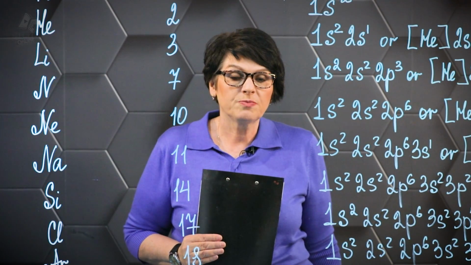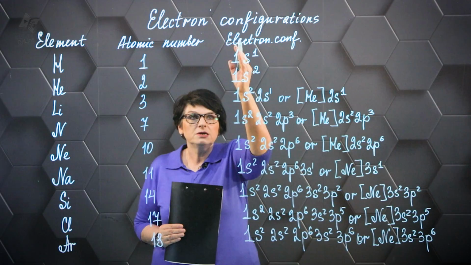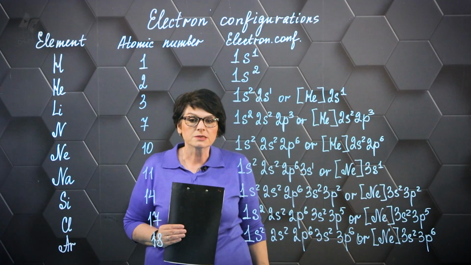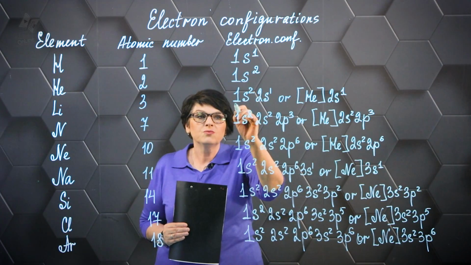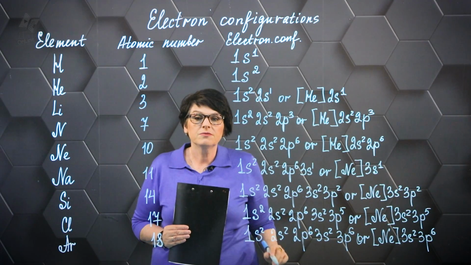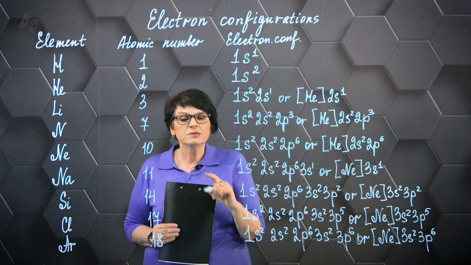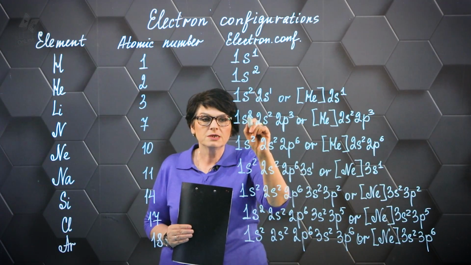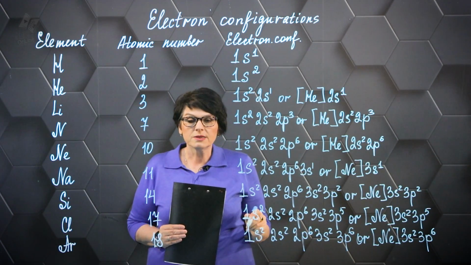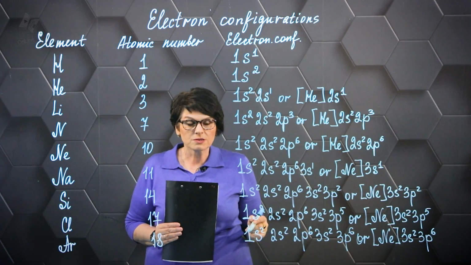Then after 1s comes necessarily 2s, and 2p cannot be ahead of 2s. Then after s, when these sublevels are filled with 2, and on s sublevels maximum only 2, next come p's, and until 6 p electrons are present, this energy level is considered incomplete.